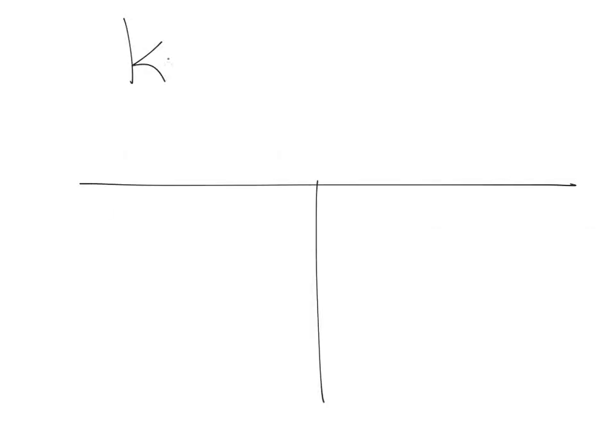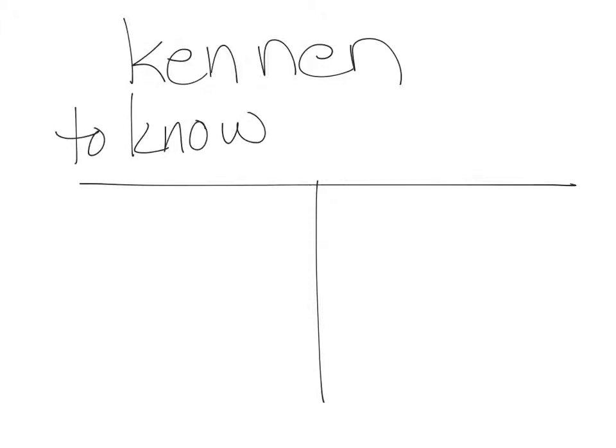Original verb is kennen. Okay. Everybody try that. Kennen. Okay. And it means to know or be familiar with. So when you're talking about to know, you mean a place or a person.